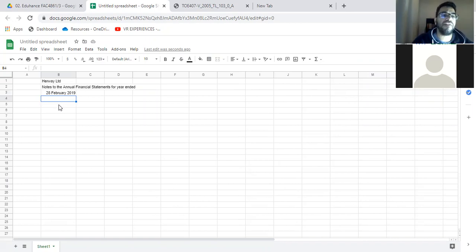Now we're going to have the actual note. Okay, so the note is going to be right of use asset. Okay, so that's the note. So what do they want it for? They want it for 2019, and they said provide comparatives. So the comparatives has to be 2018.